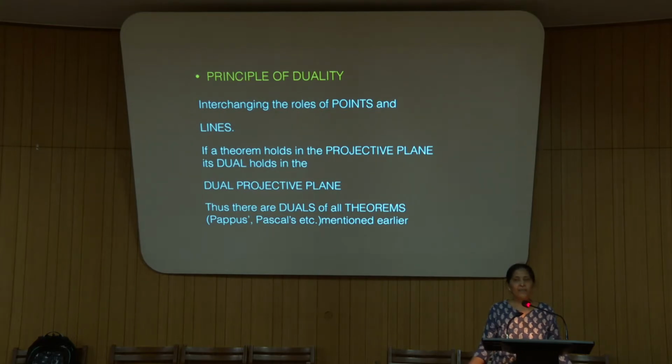The other one is the principle of duality, which I was talking about earlier, that you can comfortably interchange the roles of points and lines, and things continue to make sense. If a theorem holds in the projective plane, its dual holds in the dual projective plane.